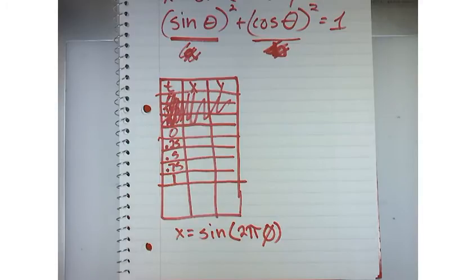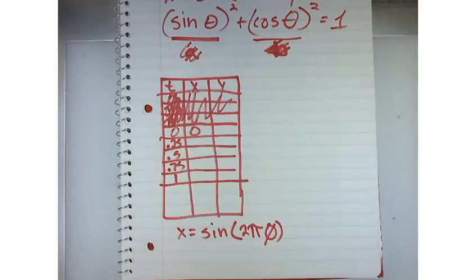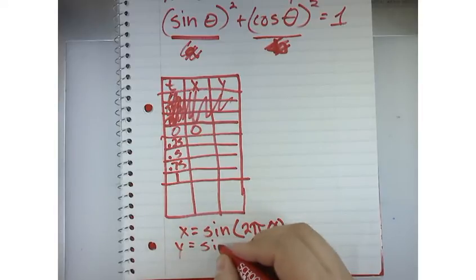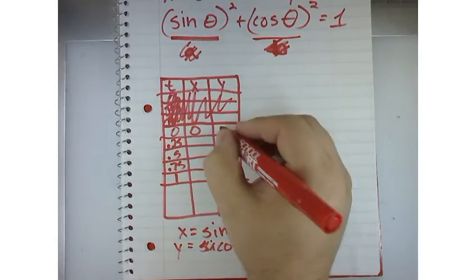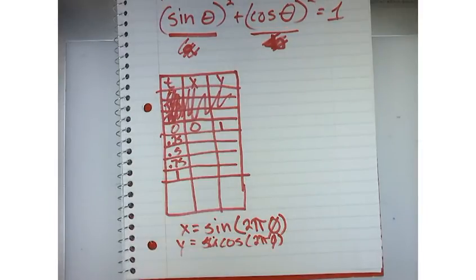So what's sine of 0? 0. So the x value is going to be 0. Now, if I want to do the y value, I'm going to say cosine of 2 pi times 0. So what's cosine of 0? 1.